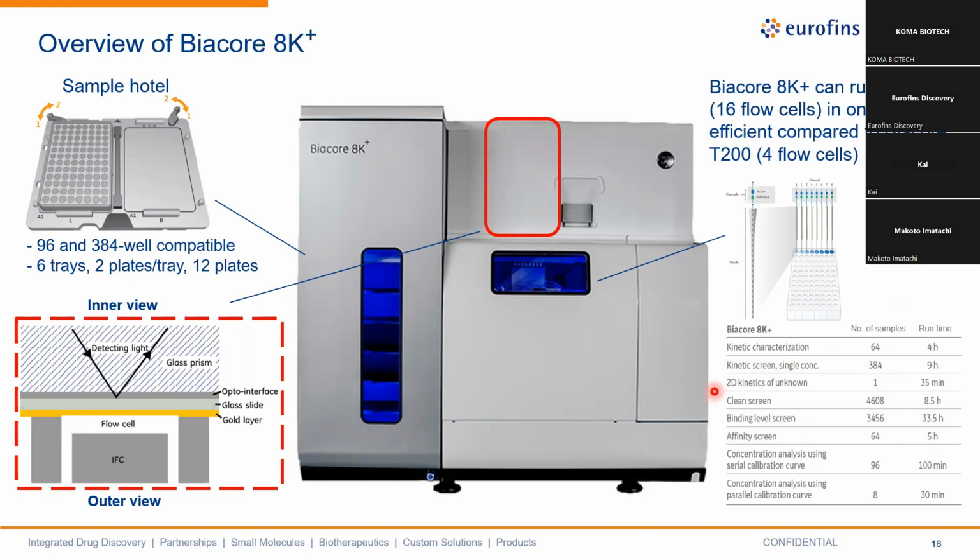And it's also semi-automatic, with a hotel here that can hold 6 trays. Each tray holds 2 plates. In total, you can hold 12 plates. Each plate can be a 384 well plate or a 96 well plate. So you prepare your samples in the plate, and then you put it in the hotel, and it runs automatically overnight for you.